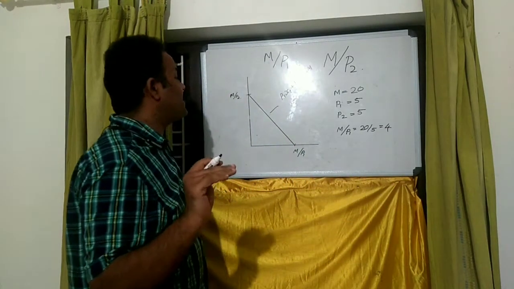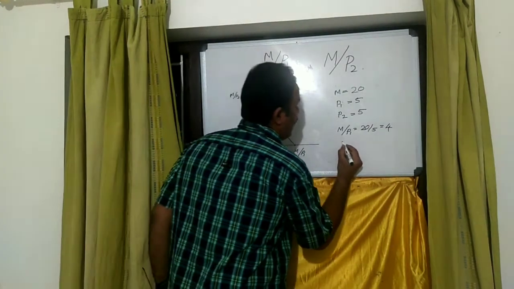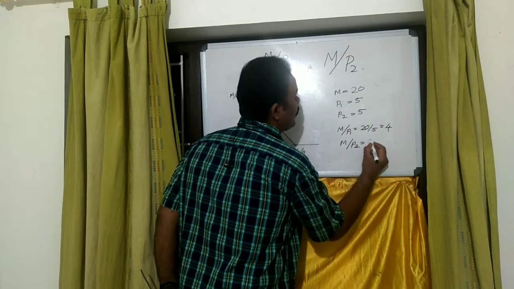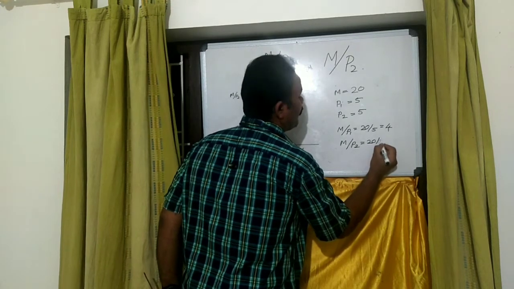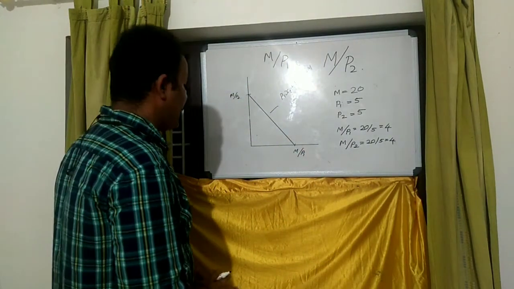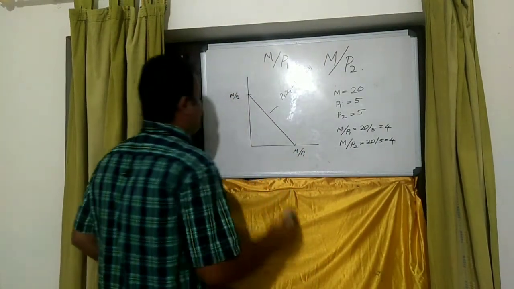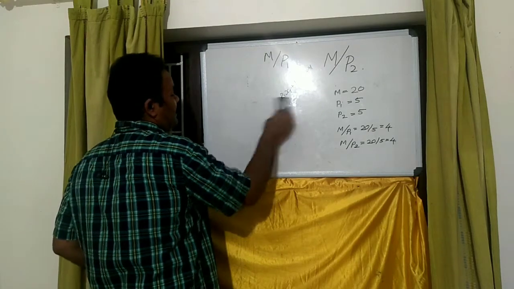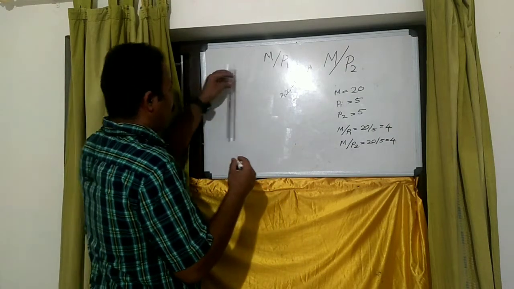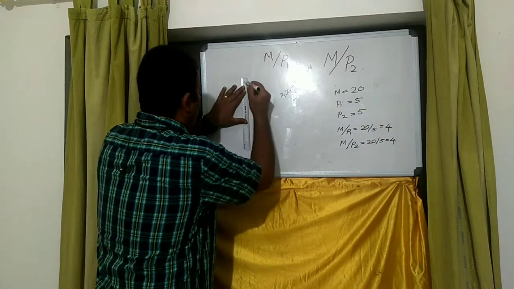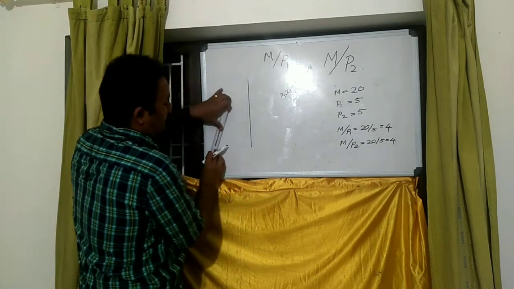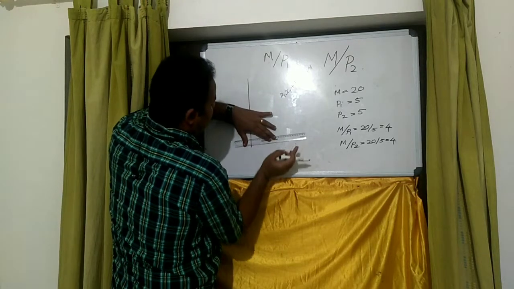Then what is M by P2 here? M by P2, that also is 20 by 5, that is equal to 4. Then here we can draw one budget line. Y-axis. Then we can draw x-axis.